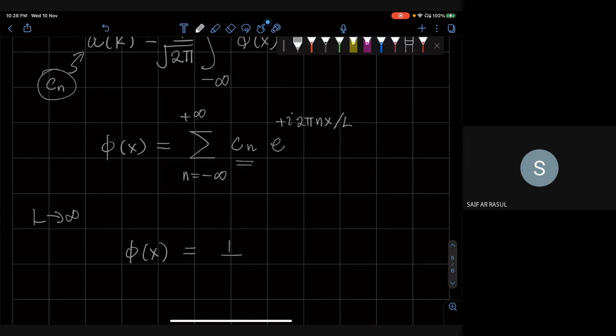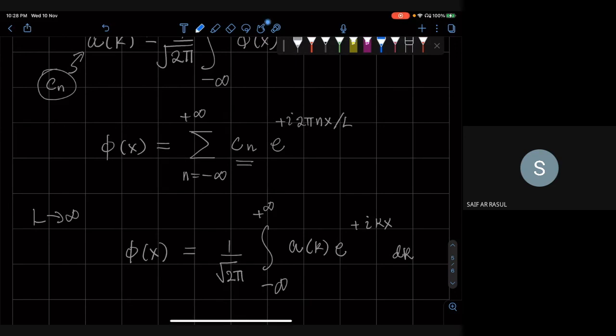Awesome, all right, cool. So in that limit, phi of x becomes an integral from minus infinity to plus infinity of A of k, e to the power plus i k x dk.